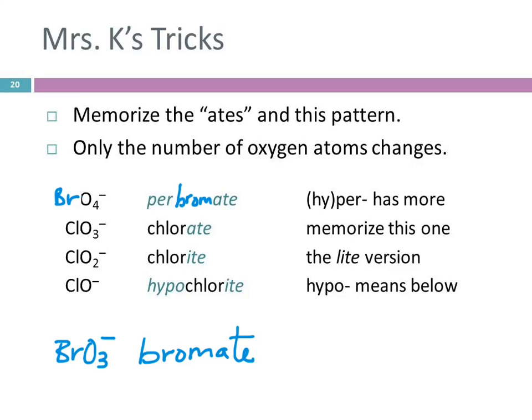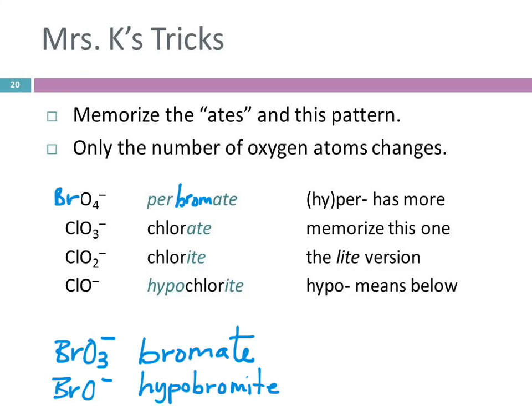So what would be the formula for hypobromite? It would be BrO-. This is hypochlorite with 1 Cl, 1 oxygen, and a -1 charge. Hypobromite follows exactly the same pattern. We're just going to put bromine in there instead of chlorine.